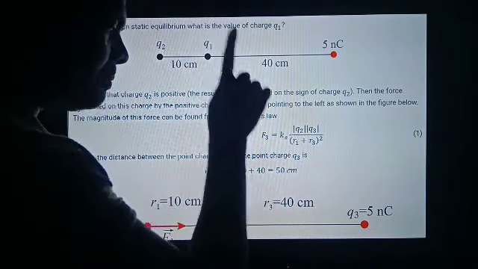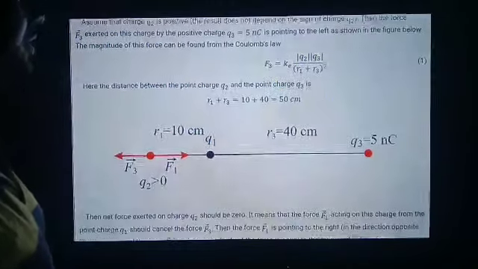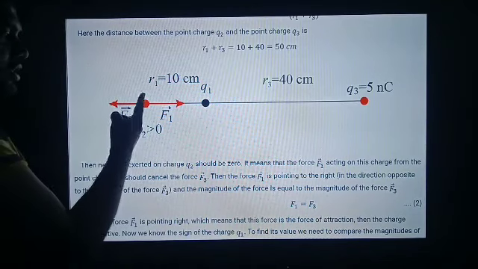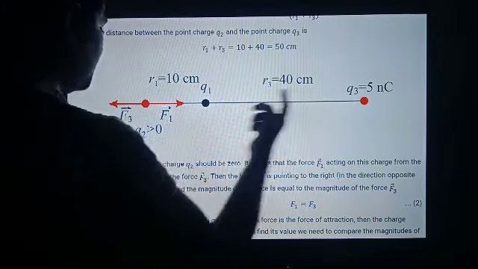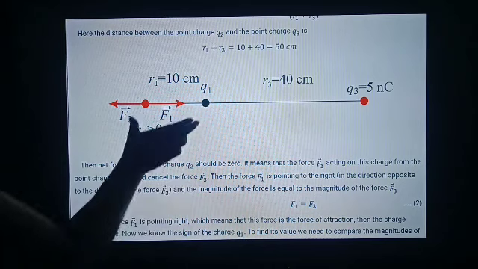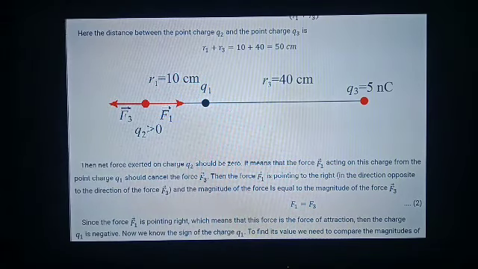Here you have to keep it in meters. See, the diagram is converted in this form. On charge Q2, the force due to this is F3 and due to this is F1. This distance is 10 centimeter and this distance is 50 centimeter.